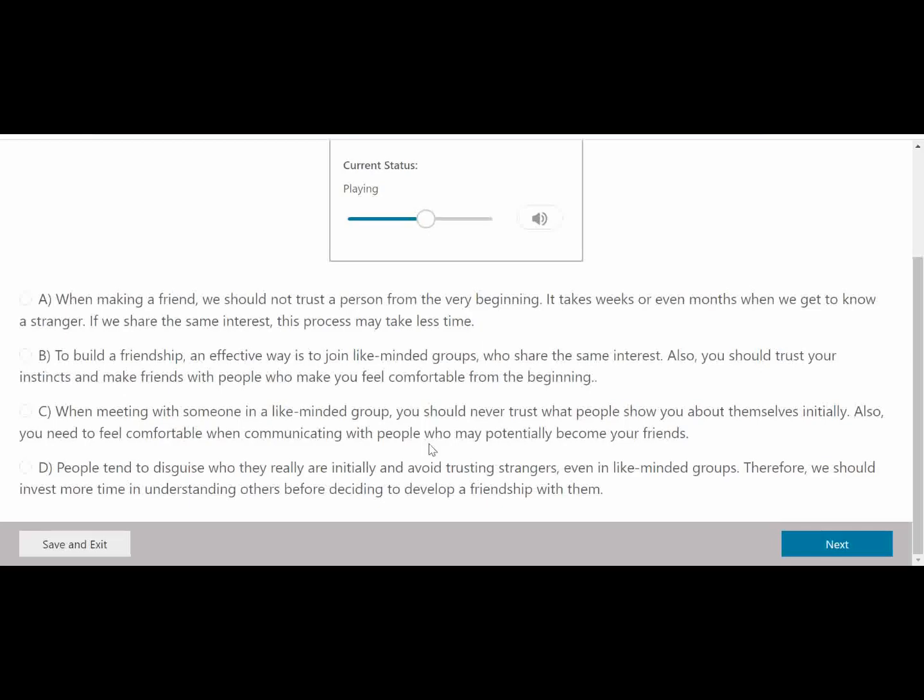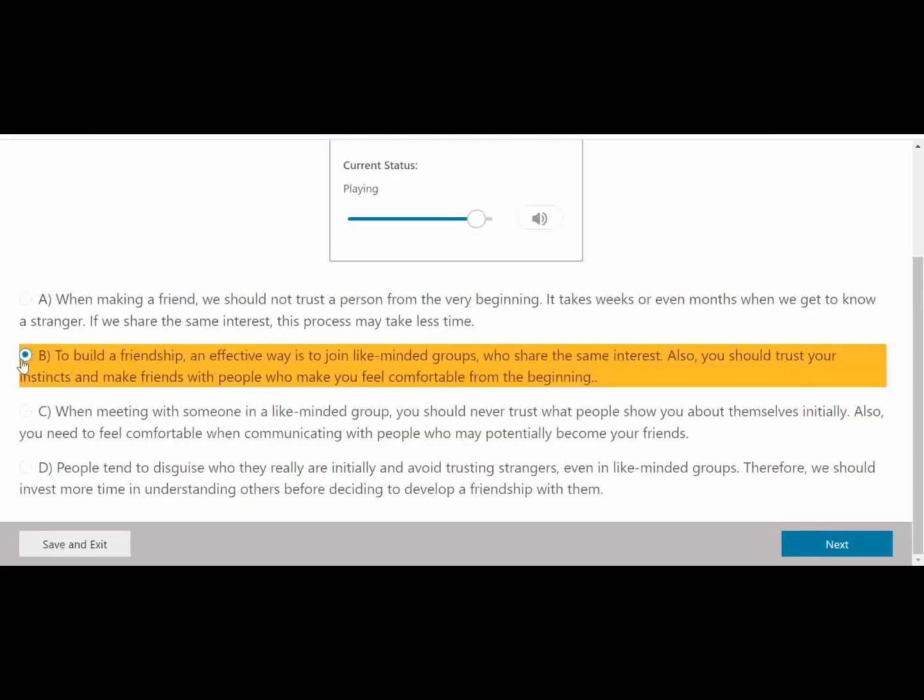One of my favorite quotes from Maya Angelou, I think, can apply to friendships. When someone shows you who they are, believe them the first time. So when you're building friendships with people, they're going to show you initially who they are. So trust that. And I'm a big proponent of trusting your instincts and investing in friendships that make you feel comfortable from the outset.